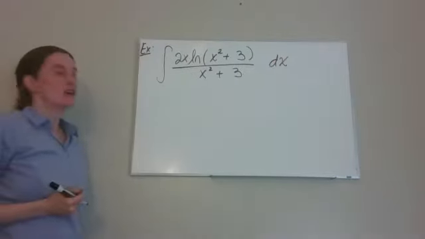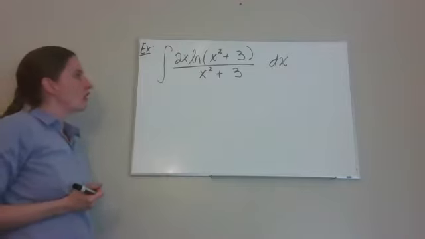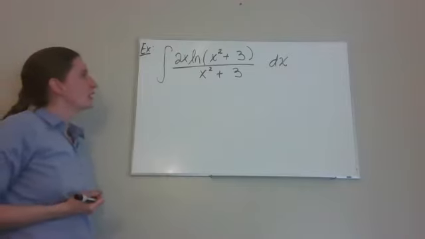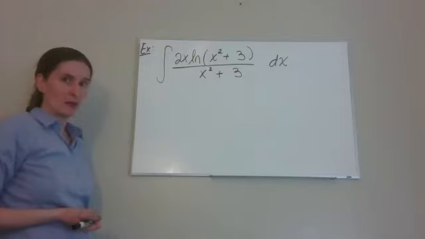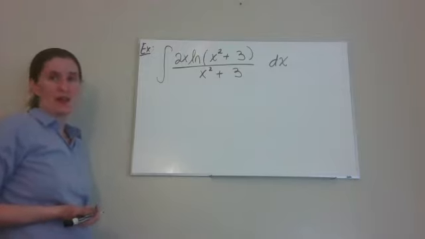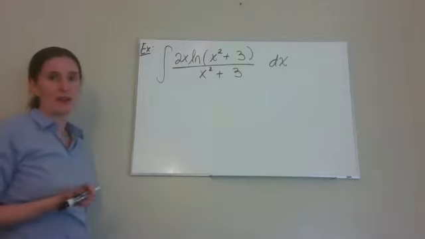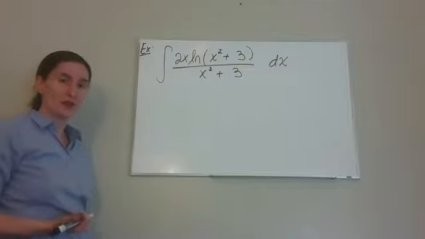The integral of 2x times the natural log of x squared plus 3 divided by x squared plus 3 dx. This looks terrible, doesn't it? That natural log is scary, but I also have fractions and multiplying going on. This is a real mess of a problem.